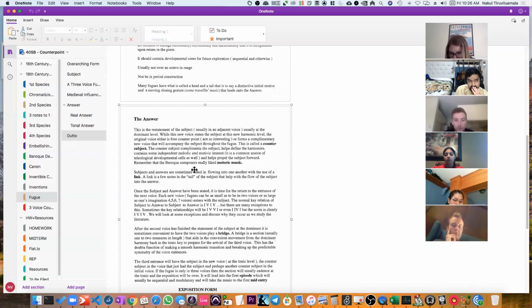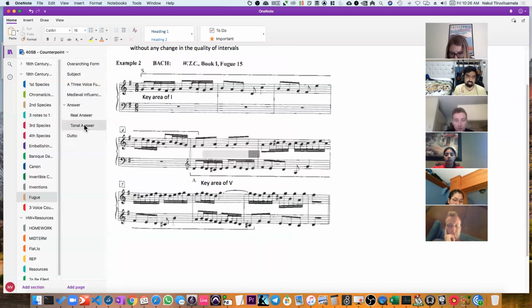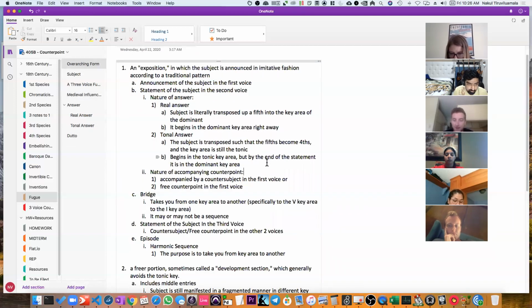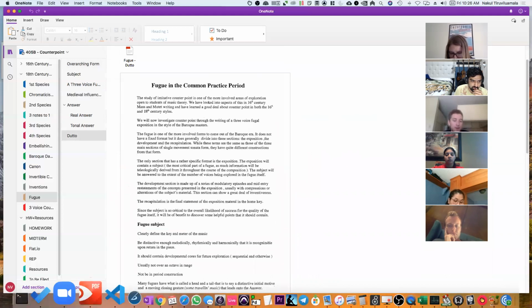So there might be a little bit of tail material at the subject to help the subject flow into the answer. So don't feel like you just have to jump right away into the next section.